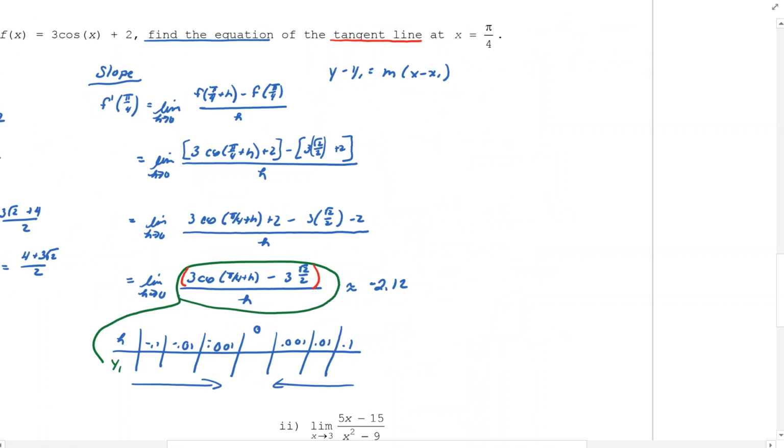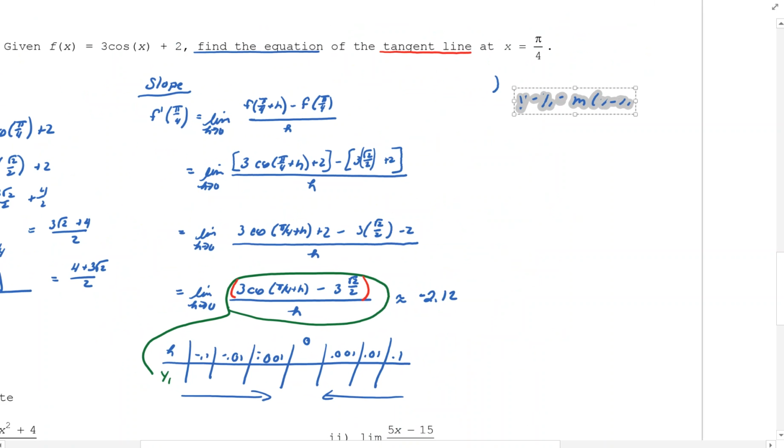So coming over to our equation of our line, that didn't work out as planned. We're going to have y minus, well, our y from over on the other side was that 4 plus 3 root 2 all over 2. Our slope that we just found, negative 2.12 times x minus pi over 4.